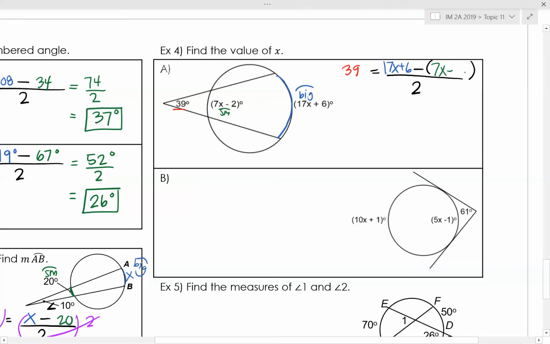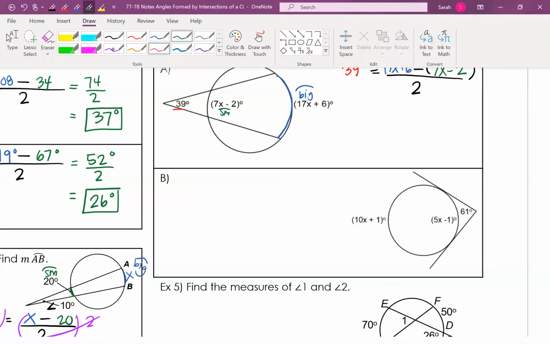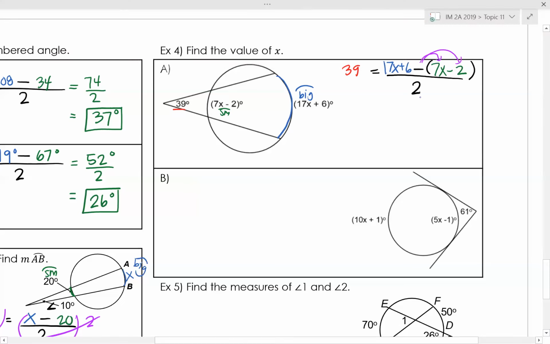minus 2. The reason that we need to do the parentheses is because I'm subtracting both of these pieces, so their signs are going to change. So this is going to become minus 7x plus 2, and the whole rest of the equation stays the same. So I still have 39 equals 17x plus 6 divided by 2.